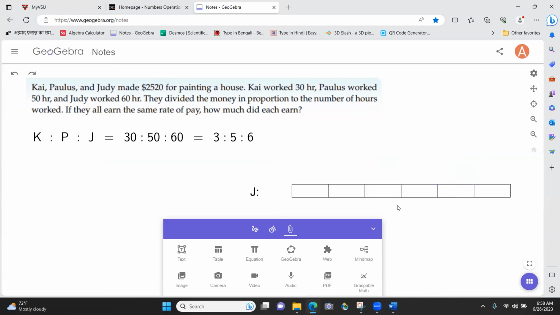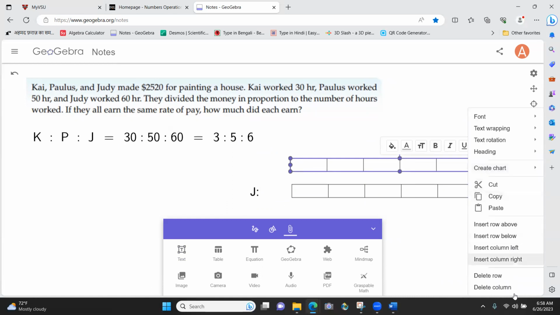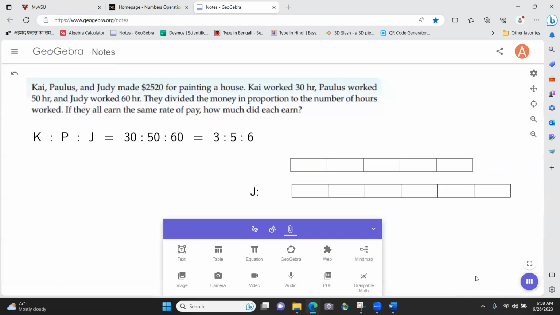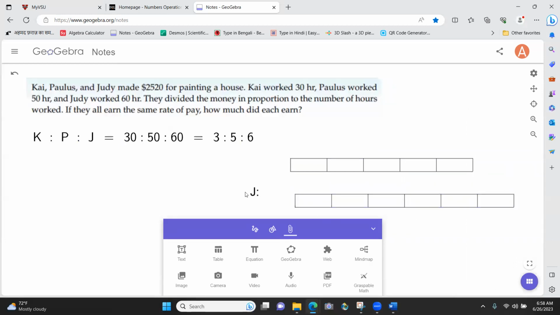They're all equal parts. The other individual, Kai, gets 3 parts.